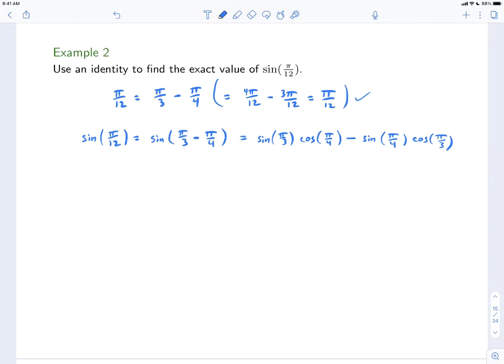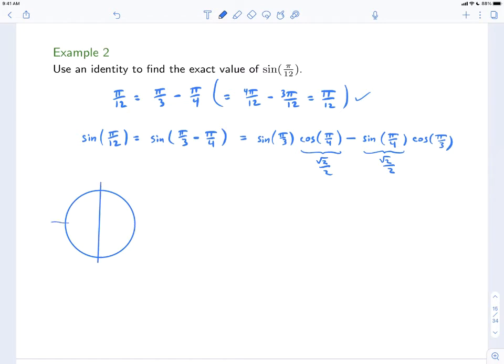And now we just need to figure out what the values of these are, but we know sine and cosine for these values. The pi over 4 ones are particularly easy because those are the same. Those are square root of 2 over 2. Sine of pi over 4 is also square root of 2 over 2. What about pi over 3? Now, if you can't remember, you just draw a little circle and maybe draw in some axes.